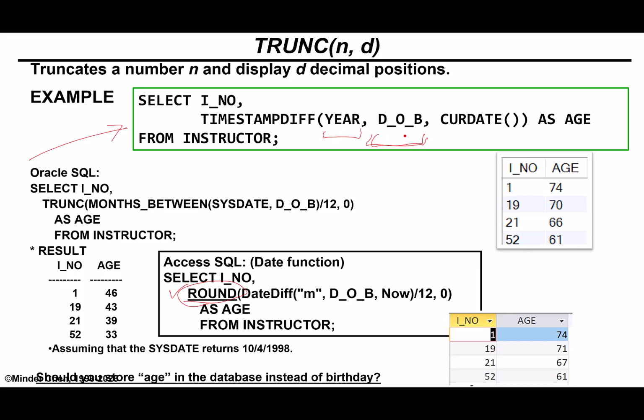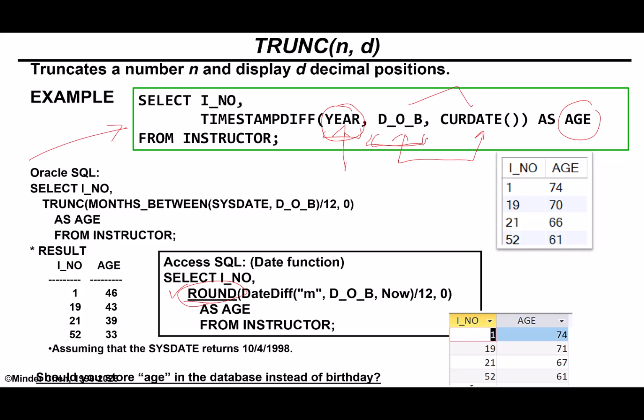So basically, we're comparing these two days, the current day and date of birth of the instructor, and find the difference in terms of the year. Okay, so there are three parameters. The two dates which we want to compare, and only calculate the difference in terms of the year, not month, not day, but year. And that actually gives us the age of the employee.